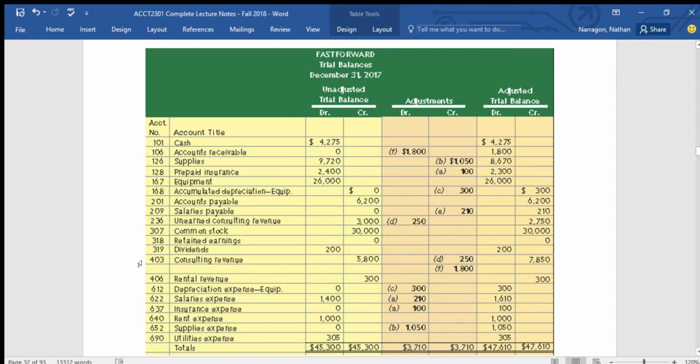We are going to focus basically from 319 to 690. All of these accounts are going to disappear. They're no longer going to be here after we've closed everything out.